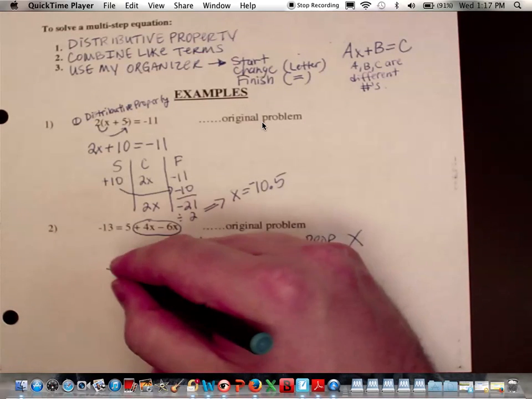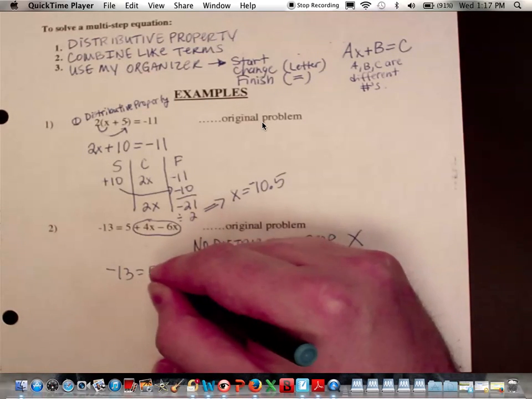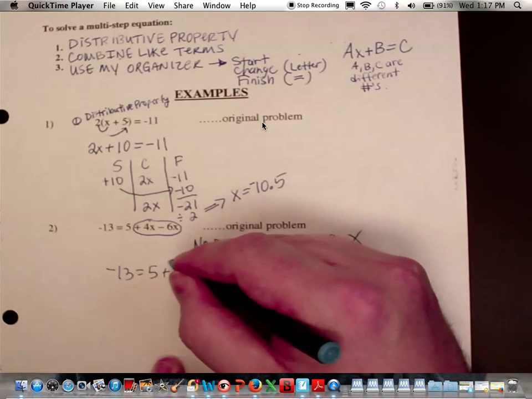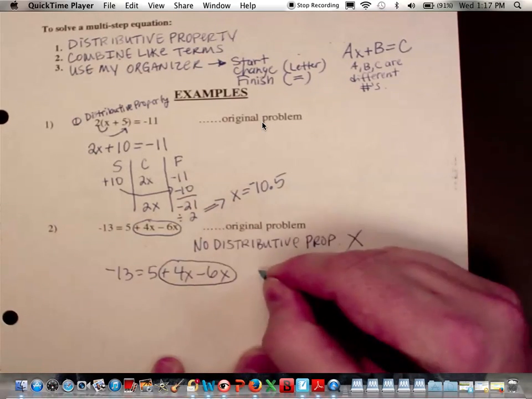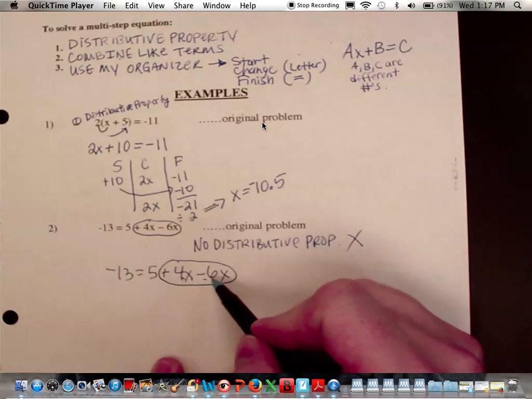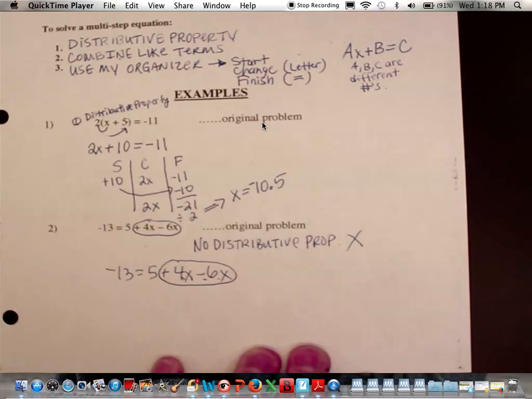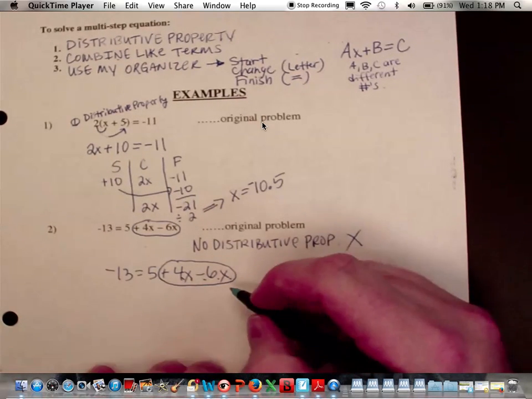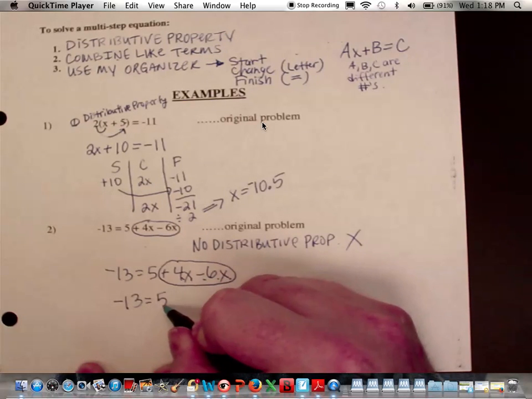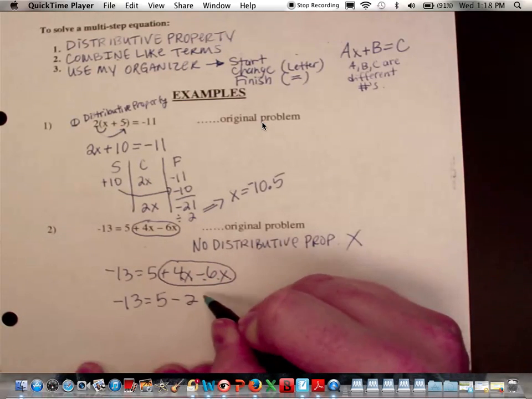So let's rewrite this again. I'm going to combine these terms together. Okay. So I've got 4x minus 6x. So on my calculator, I'm going to put 4 minus 6. That tells me I've got negative 2x left over. So I'm going to rewrite it as negative 13 equals 5 plus negative 2x.